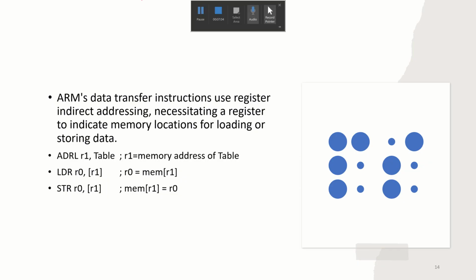So first what we need to learn is indirect register addressing. In ARM data transfer, there are different types of addressing, right? What ARM uses is register indirect addressing.